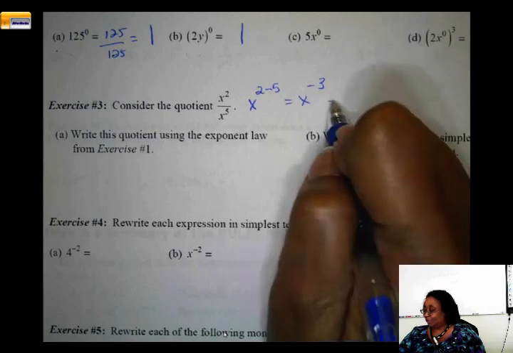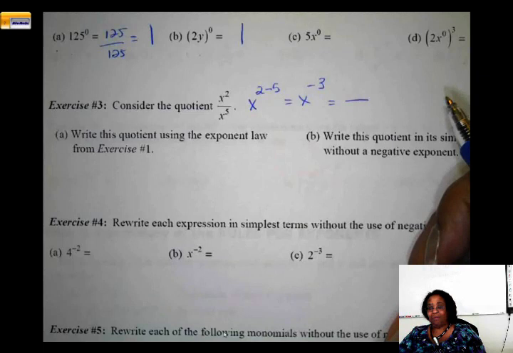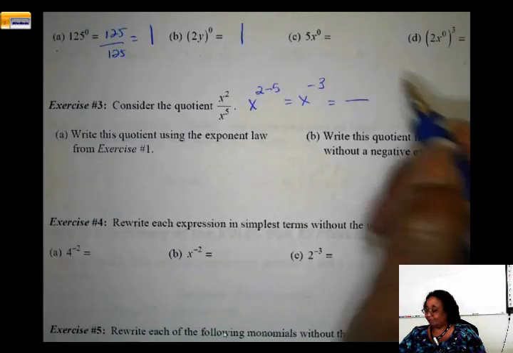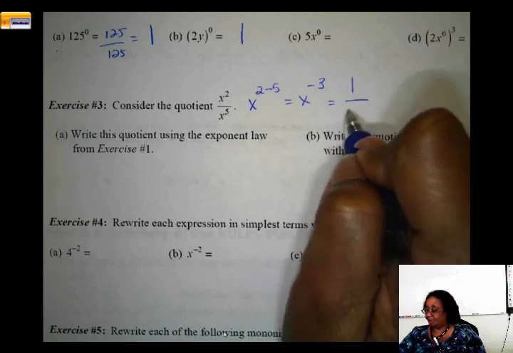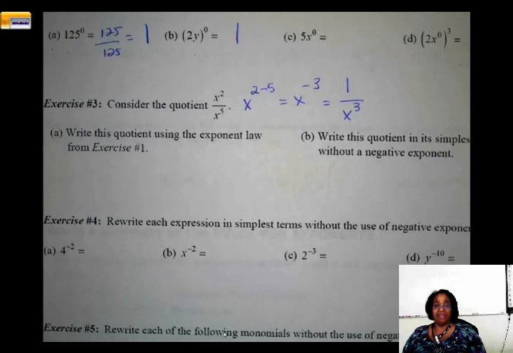And then if I want to write it with no negative, what would it look like? What's the inverse of that? 1 over x to the 3rd. Okay? That's the inverse of x to the negative 3. So, I just did that just to do it, but let's see what questions they want to ask.